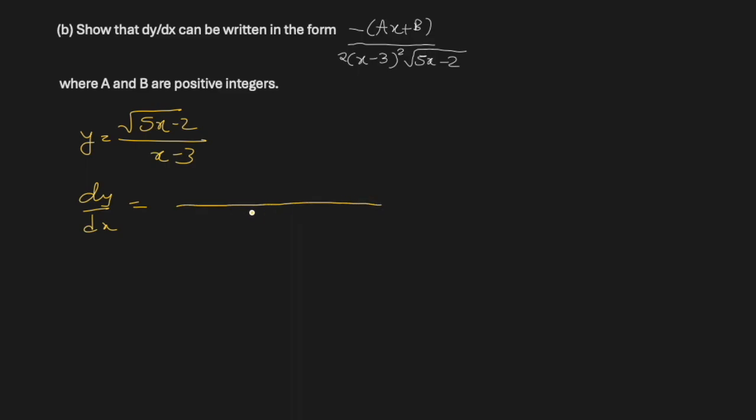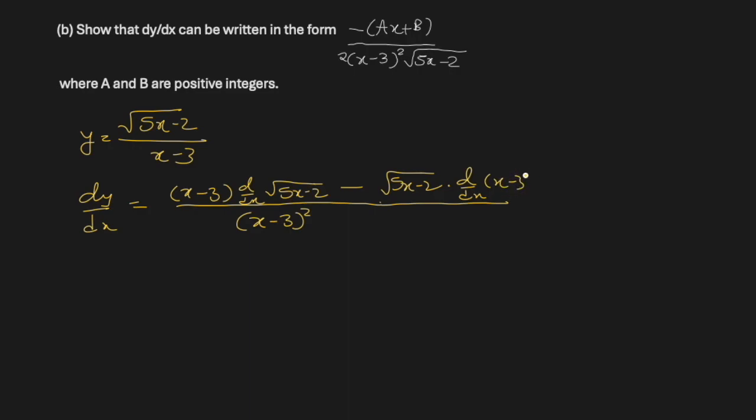For the quotient rule, we square the denominator first, then we write the denominator and differentiate the numerator, which is 5x minus 2 in this case, minus the numerator as it is, and then we differentiate the denominator. Hopefully when we simplify this, we'll get this format. So x minus 3 remains x minus 3.